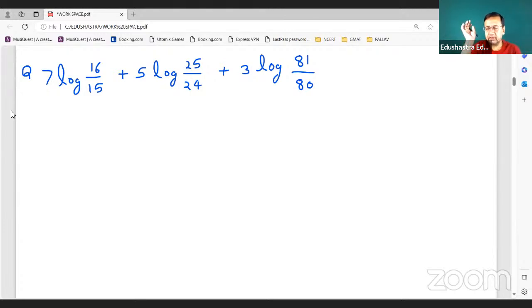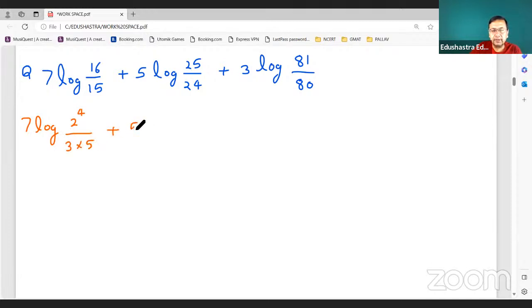Okay. Now, when you're solving such questions, first of all, we have to simplify the numbers, right? So I can write this as 7 log. What is 16? 2 raised to power 4 divided by what is 15? 3 into 5, right?